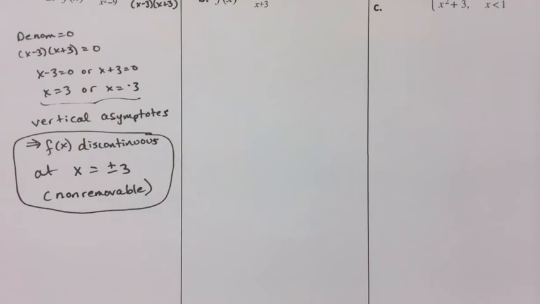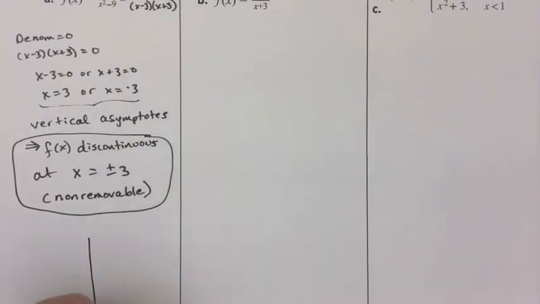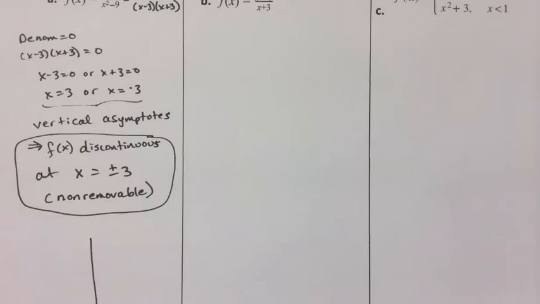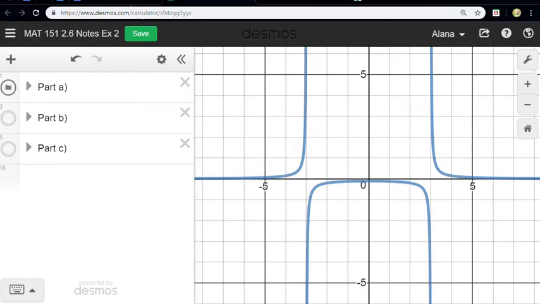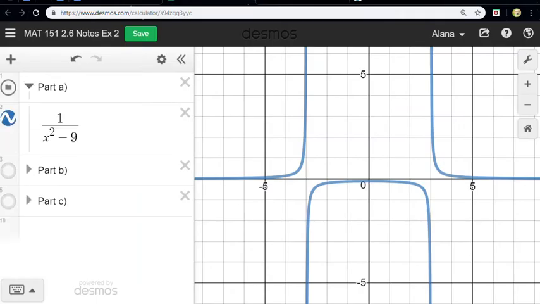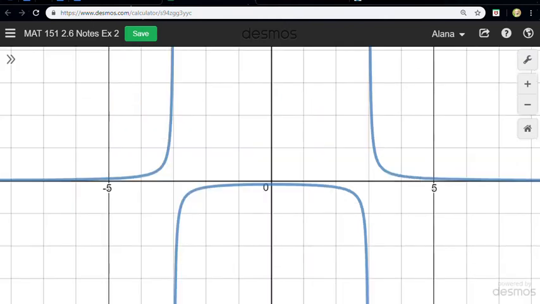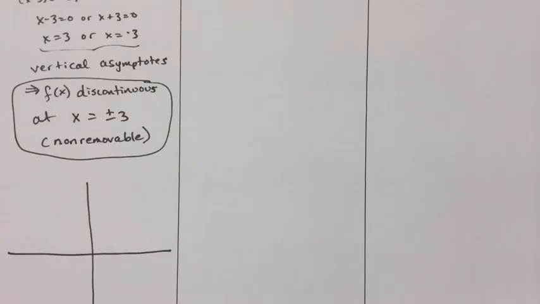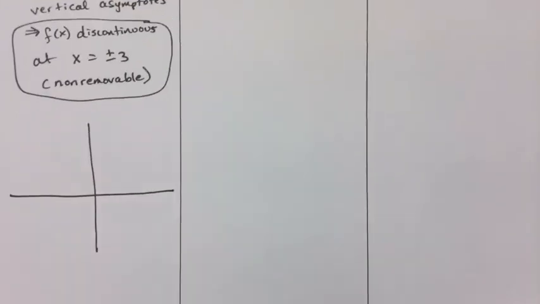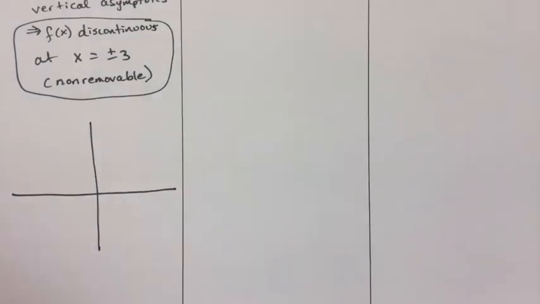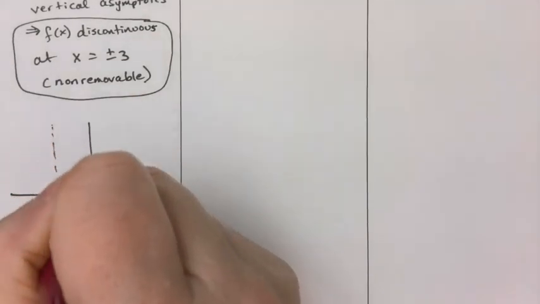All right, so now let's verify that I am indeed correct with a graph, which of course I have drawn in Desmos. And here it is. So if you want to see it, there you go. Right, so 1 over x squared minus 9, this is what it looks like. And you can see you have vertical asymptotes here at negative 3 and a vertical asymptote at positive 3. All right, so graphically, I'm seeing exactly the same thing, namely that I don't have function values. So I would just draw that at negative 3 and 3.